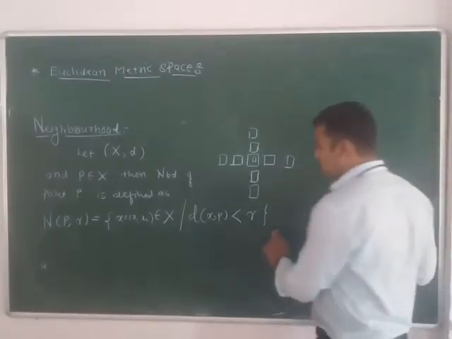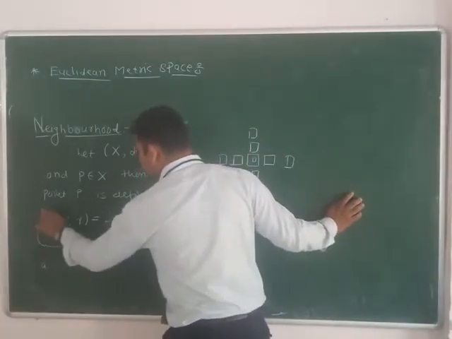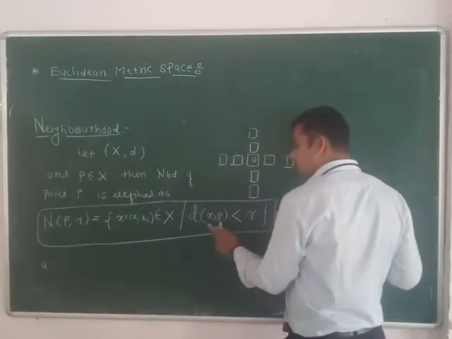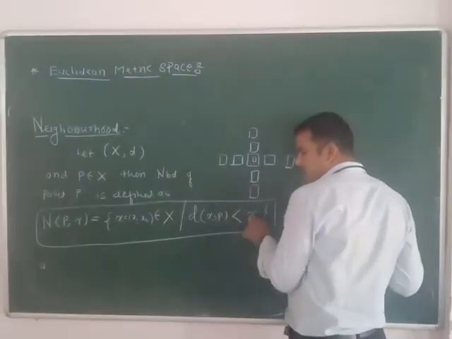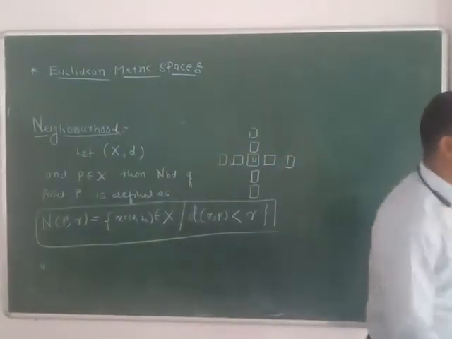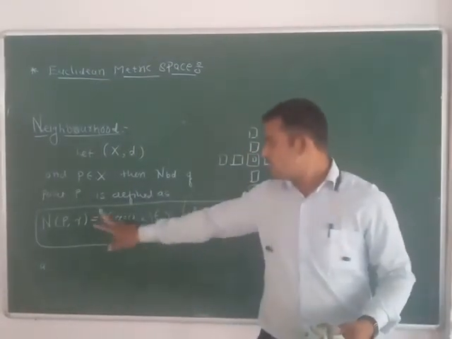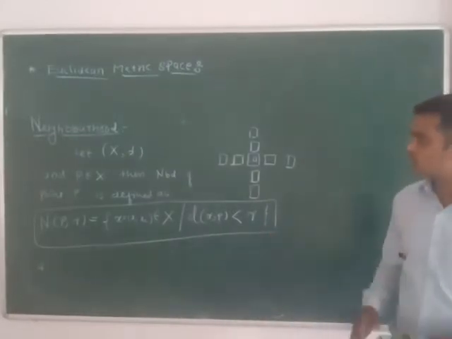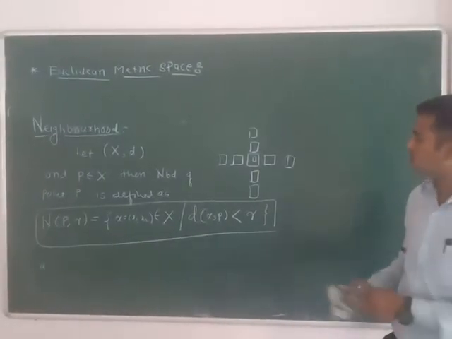These are the points which satisfy this condition. The distance between these 2 points is strictly less than r, and this set is called the neighborhood of point P. This is the definition of neighborhood.